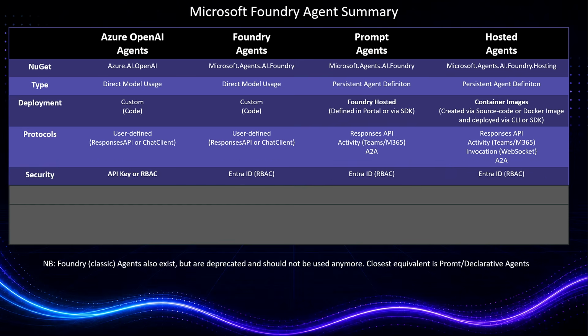We move on to security. The old Azure OpenAI can use both API key and RBAC, which is nice that you have that choice, while the other ones only work with RBAC. So if you haven't given someone access using Microsoft Entra, you won't be able to let other people use the agents.